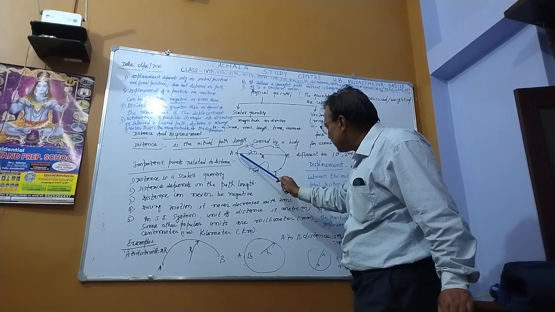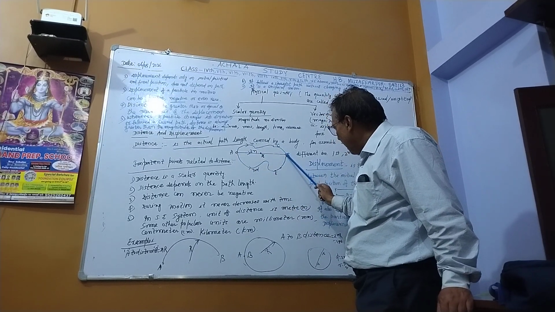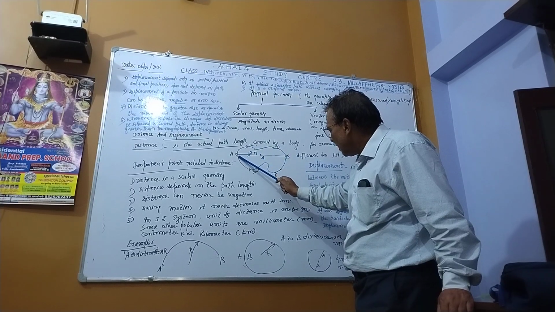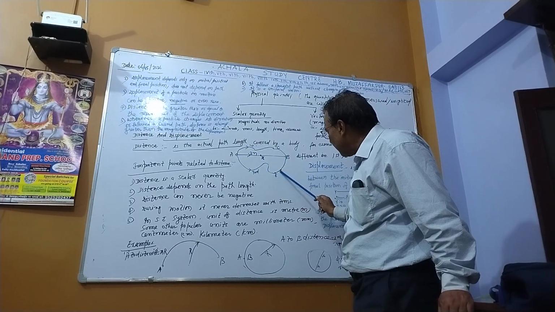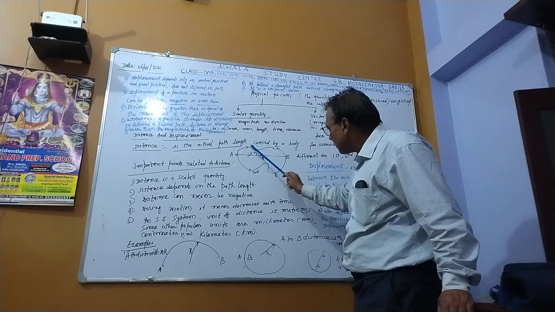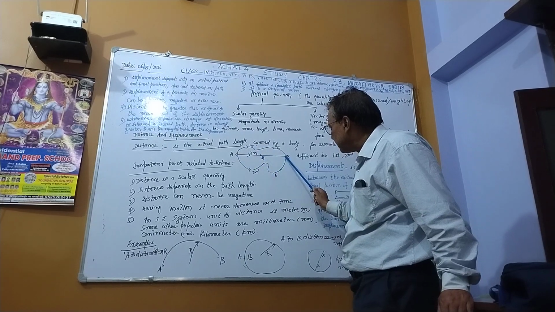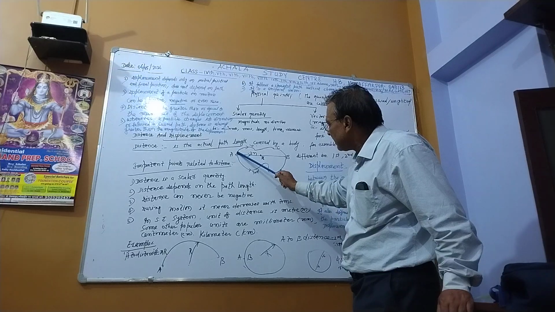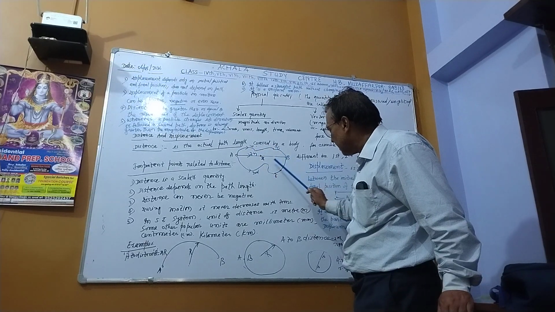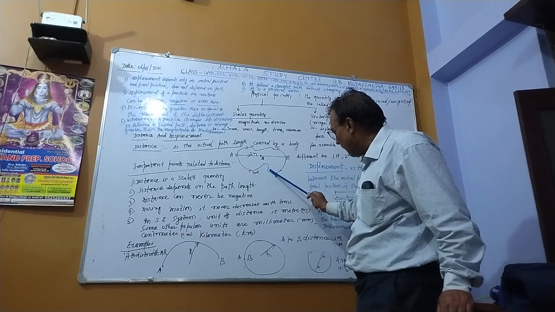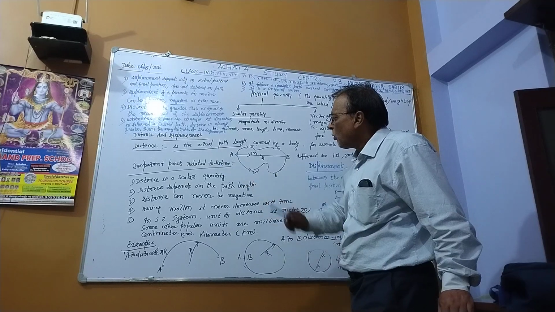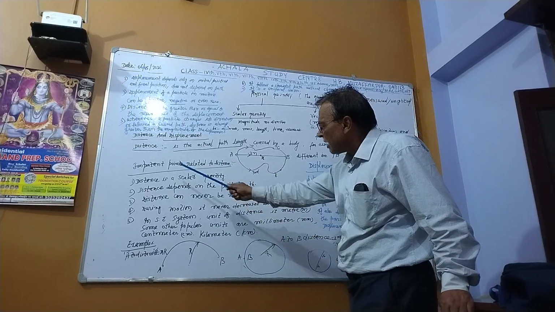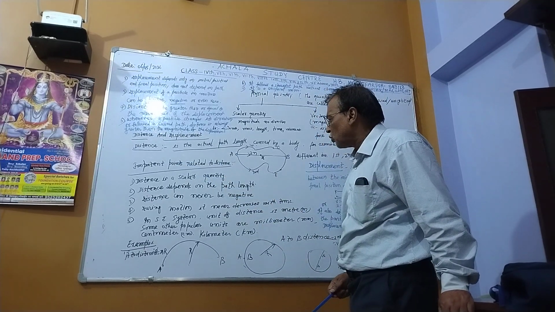So AB is the displacement, but the distance through this path is like this, and the distance through the third pathway is like this.